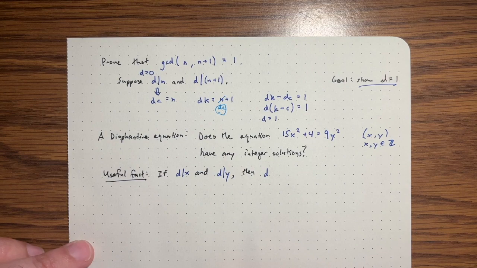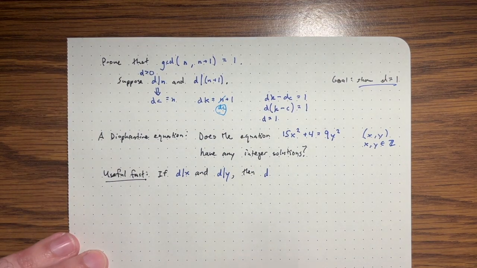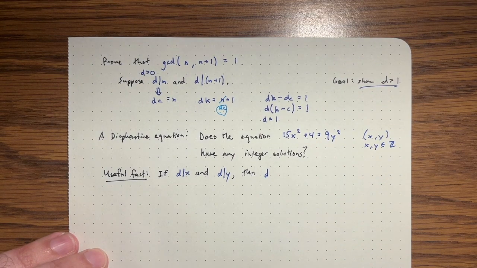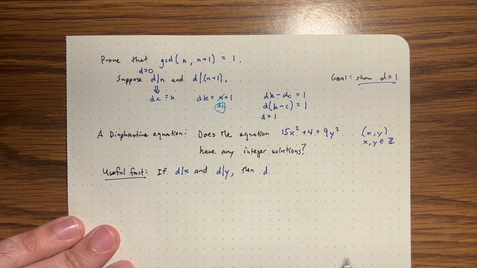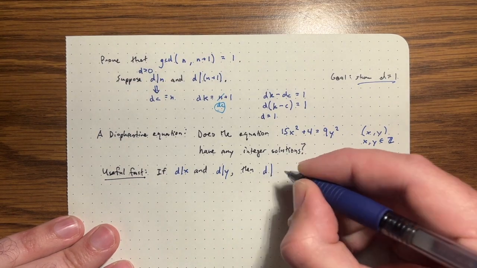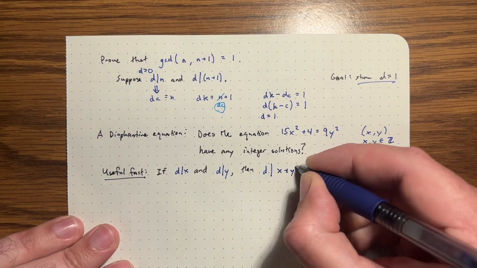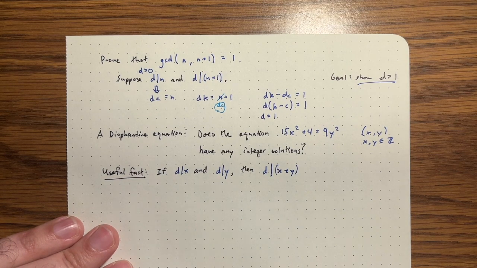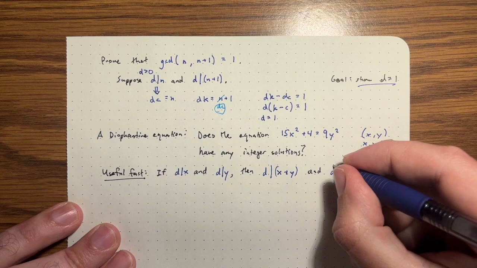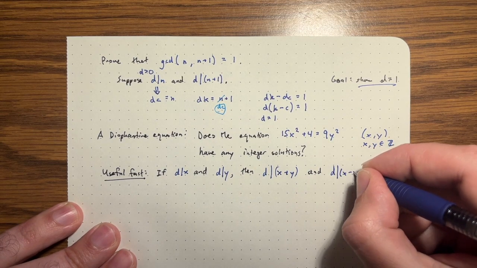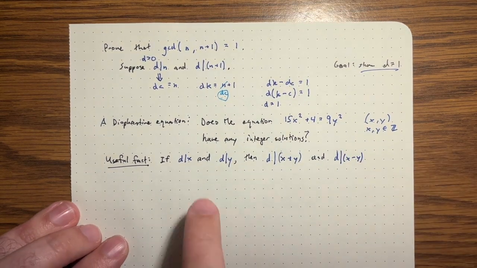I can always find a rational number to divide any other rational number, as long as we stay away from 0. So everything here is integers. Okay, so if d divides two different integers, then d divides their sum, and d divides their difference.